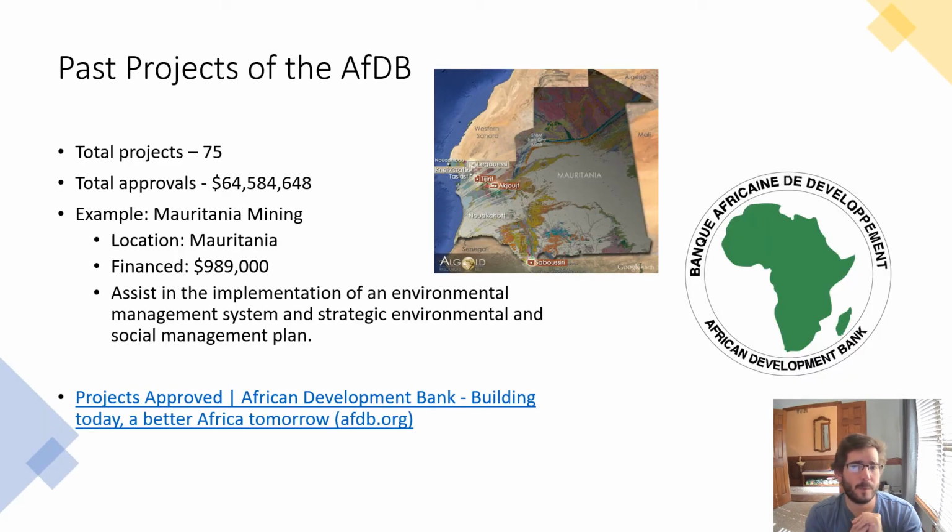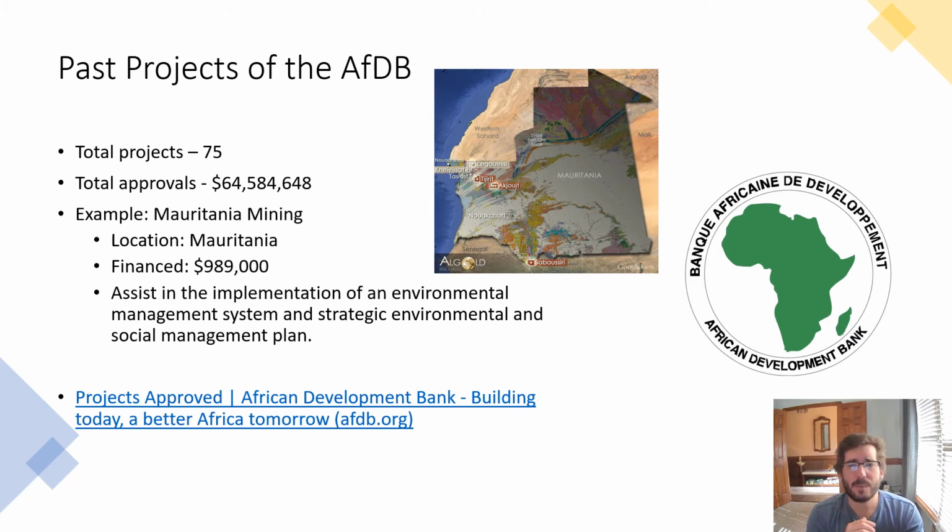As mentioned earlier with the African Development Bank, that bank specifically has had 75 projects in total, with an estimated $64,584,648 approved so far. A majority of these projects cover multiple locations, with vested interests in agriculture and management plan development.